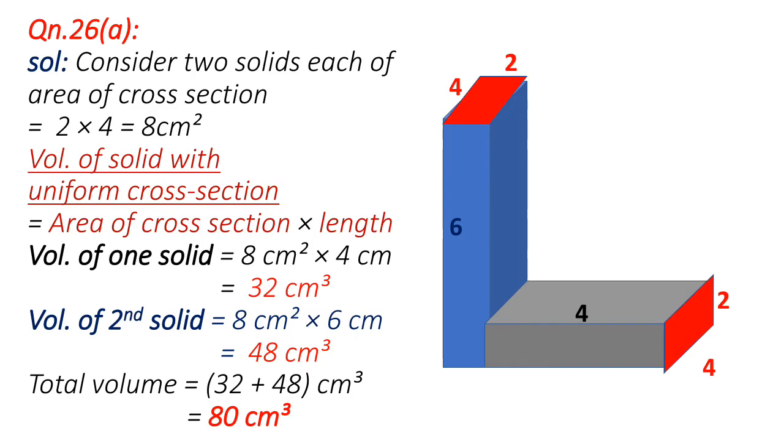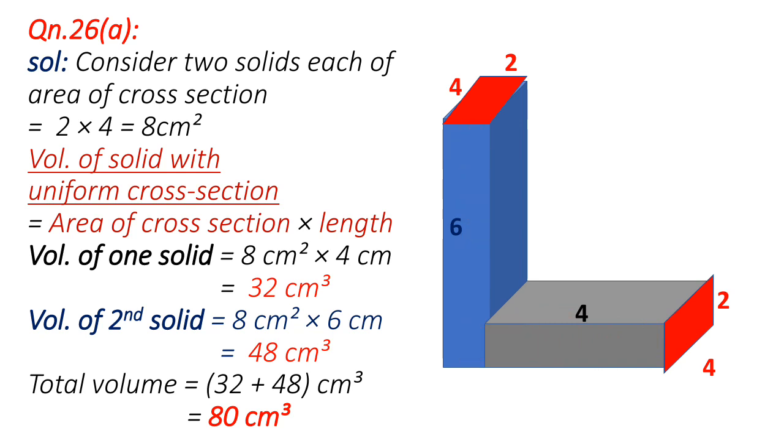This is question number 26, and this one is the first part, because we have 3 parts here, and I have solved the first part only. Here this is the figure given in the book. We can consider 2 solids here. This one is the solid lying horizontally, and this one is the upright vertical solid, correct.